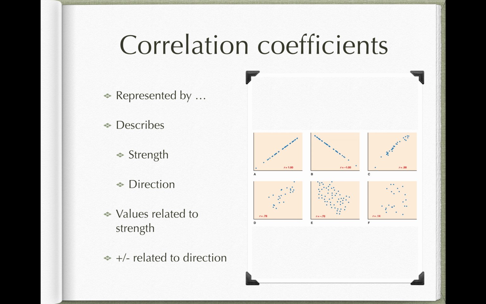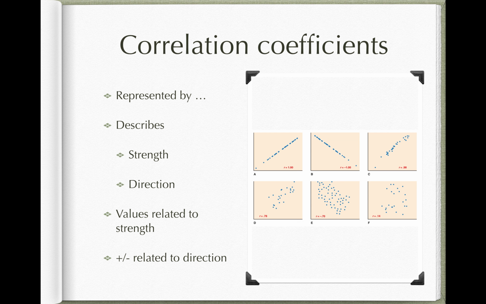As I told you in the scatter plots before, the correlation coefficients are the numbers that are within the scatter plot. So here, when you see a perfect positive correlation, you'll have a correlation coefficient of +1. 1 is the strength of the correlation.